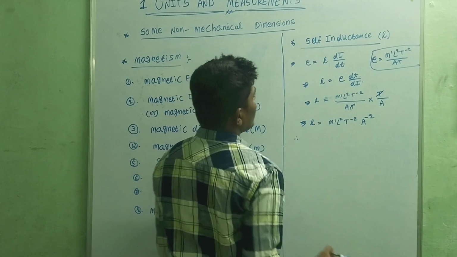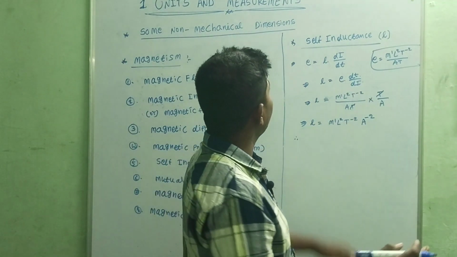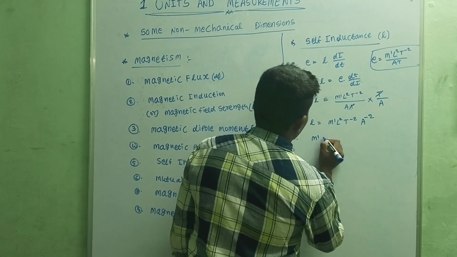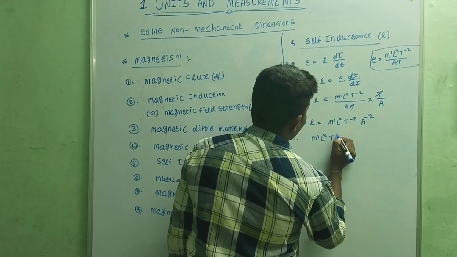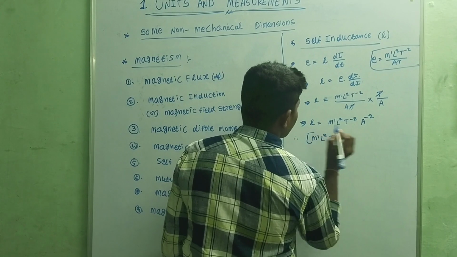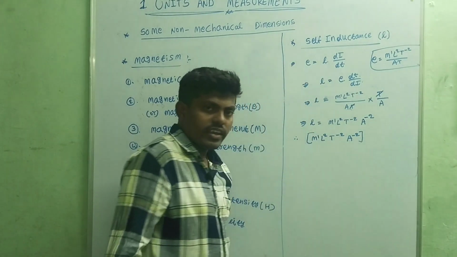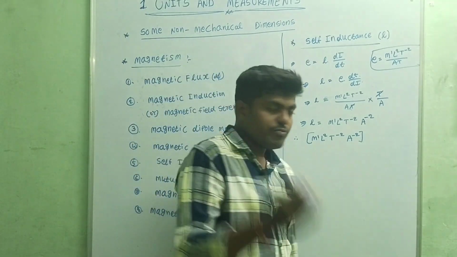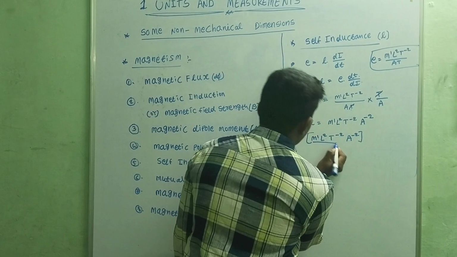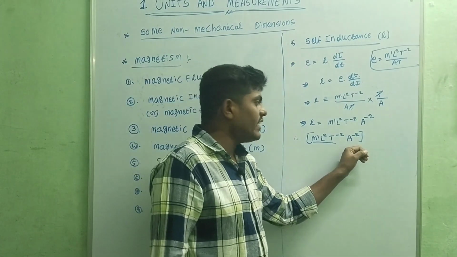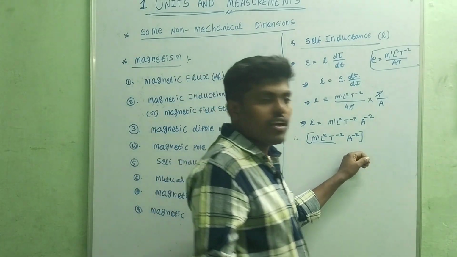Therefore the dimensions of self inductance are M1 L2 T minus 2 A minus 2. Here clearly you can observe that M1 L2 T minus 2 is the dimension of work or energy, and A is the dimension of current.